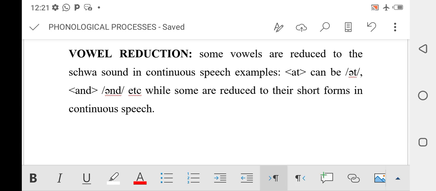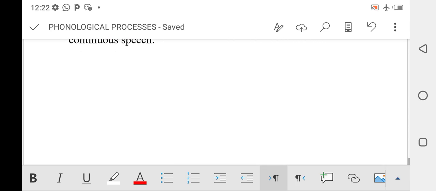So that is what happens in vowel reduction. Remember that it usually happens with grammatical words. So in this situation, some vowels are reduced to their short form in continuous speech. That is another phonological process, vowel reduction.